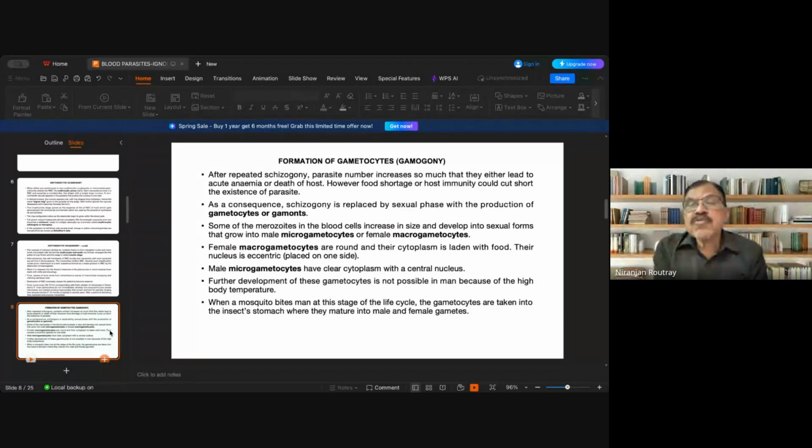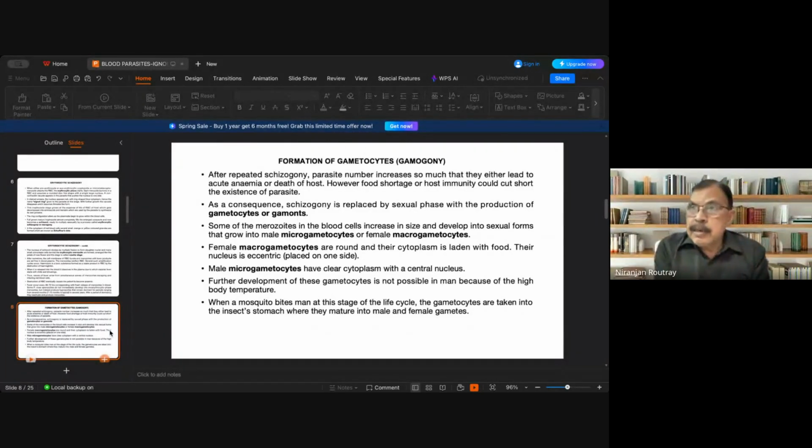So now the sexual phase results in the formation of gametes. In the earlier stage, we said schizont, and here it is gamont. Remember: gamogony, gamont; schizogony, schizont.